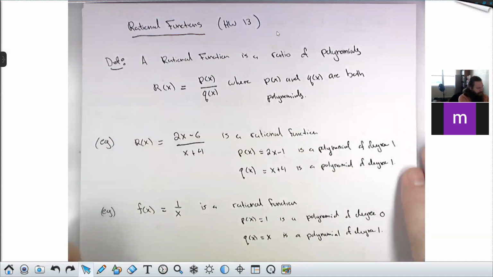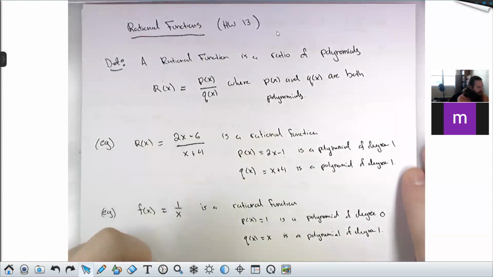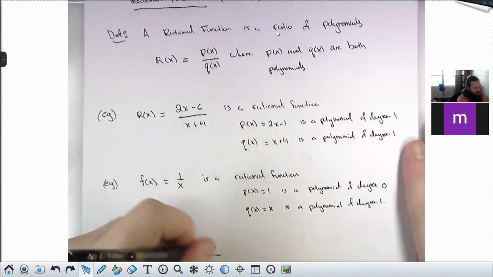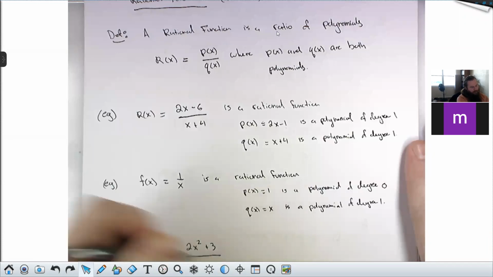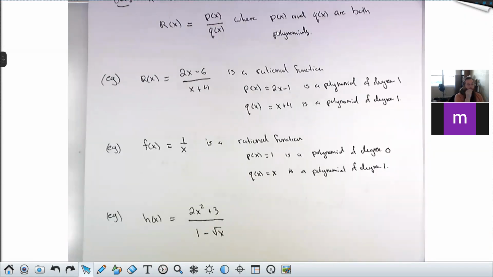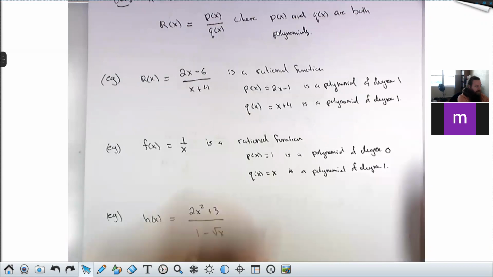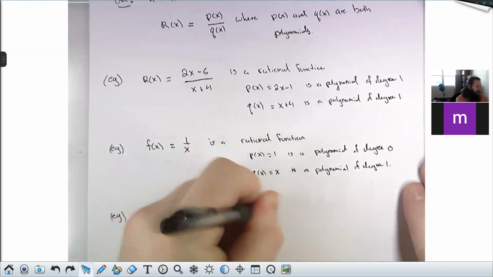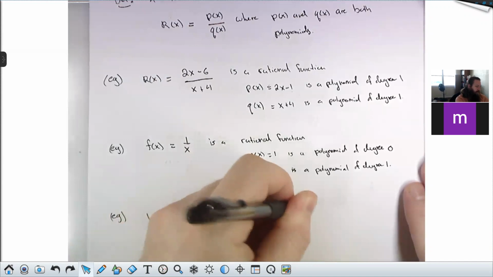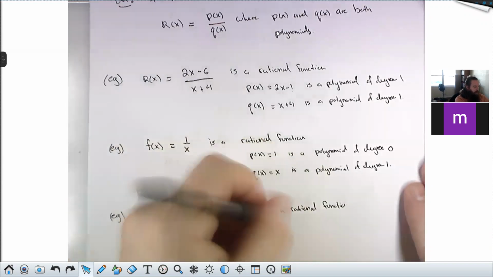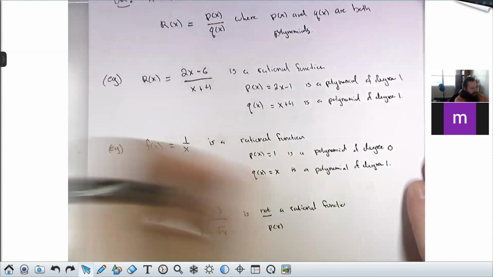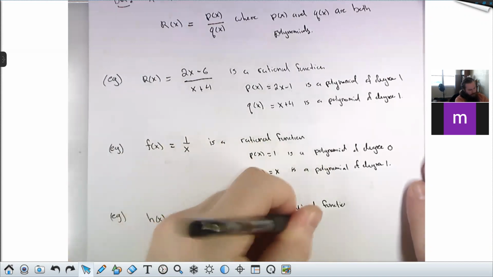Something that is not a rational function would be like this. This is not a rational function. Why? Well, the top here is a polynomial. That's not a problem.